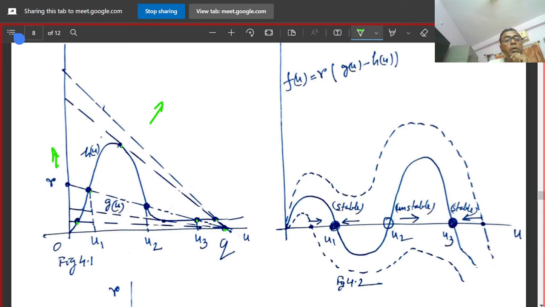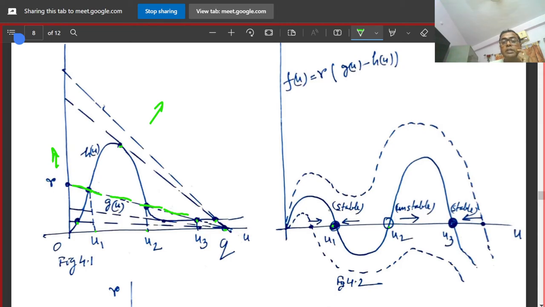So from this straight line you get two equilibrium points, this and this. When we have three points, u1, u2 and u3, from this position of the straight line, you get the phase portrait for this position.